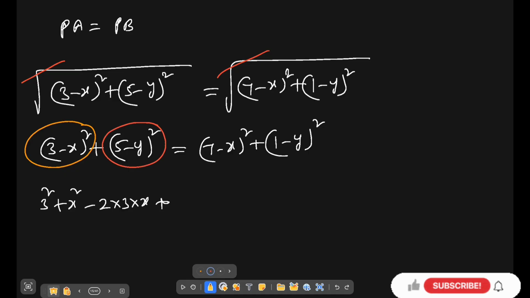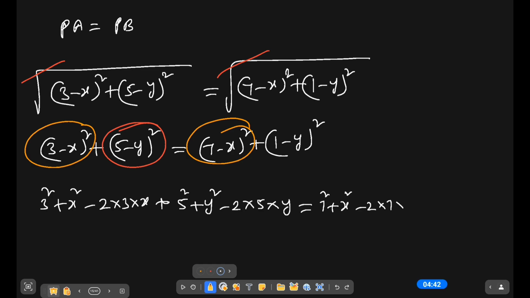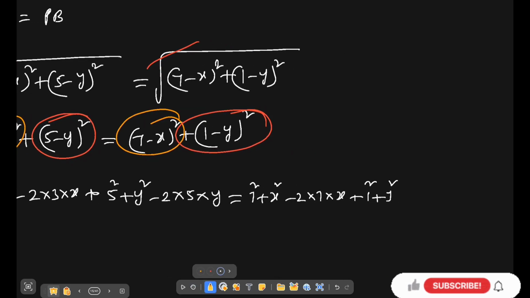Now let's apply this formula for this one: 5 square plus y square minus 2 into 5 into y equals to, now for this one, 7 square plus x square minus 2 into 7 into x, plus, now for this one, 1 square plus y square minus 2 into 1 into y.